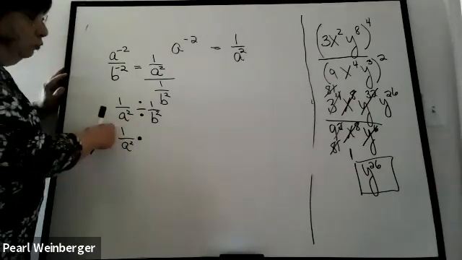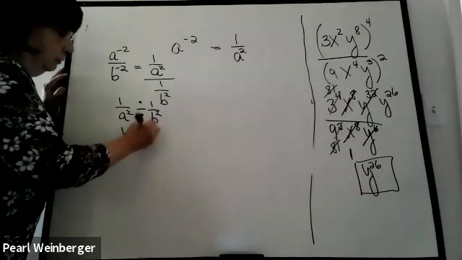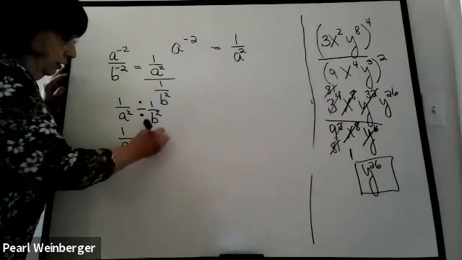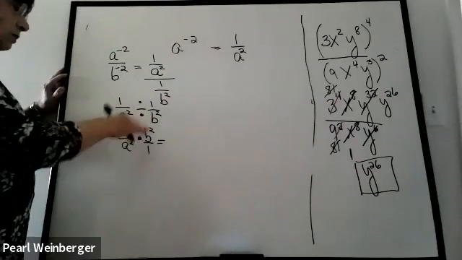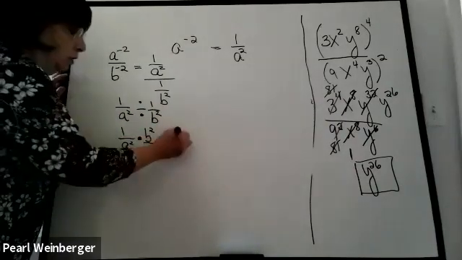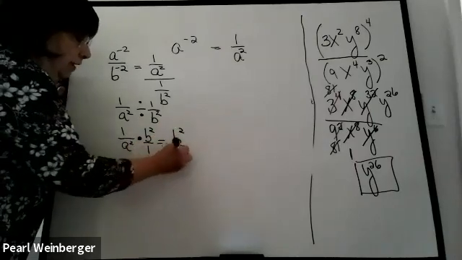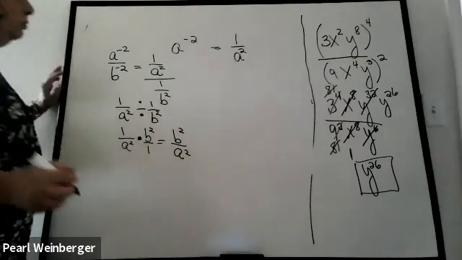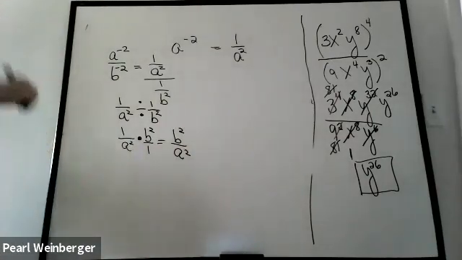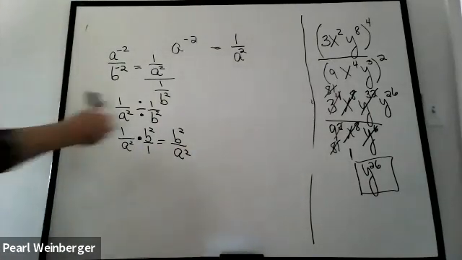So this really means 1 over a squared times b squared over 1. There's nothing to cancel out, so I just do 1 times b squared, which is b squared, over a squared times 1. And my final answer comes out to be b squared over a squared.